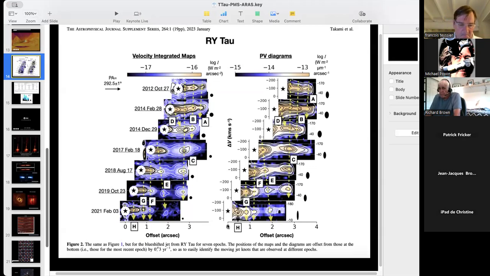And this is covering a period of roughly 10 years. So knowing something about the photometric history of this object during that period might allow you to correlate the ejection events, when something might have happened on the star or in the disk that would have provoked some large scale structural change in the jet.